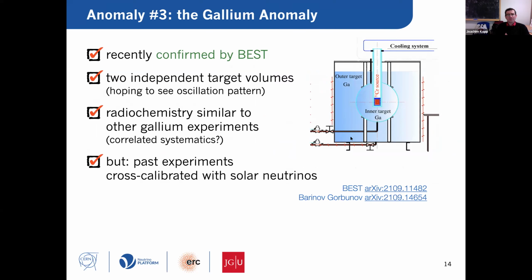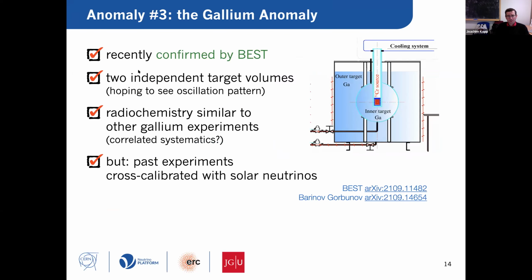And the hope was that if there is an oscillatory effect, then the deficit that is observed might be different in the inner region and in the outer region. But what BEST has given us is they do observe the deficit, but the rate is the same in the inner and outer region. Oops, wait, I don't have a plot of that, unfortunately.